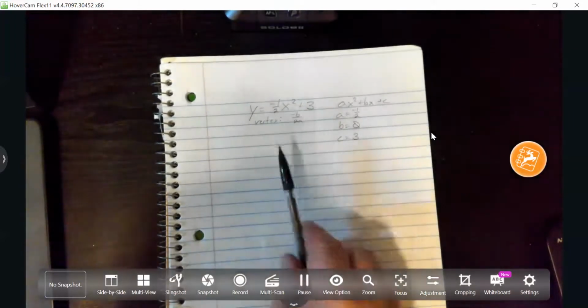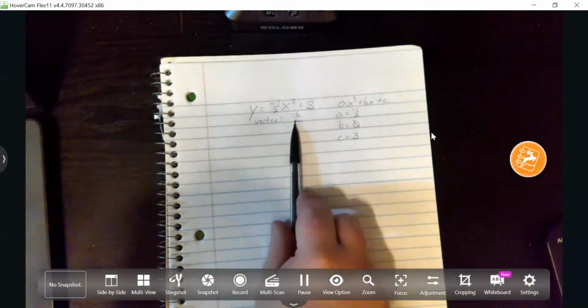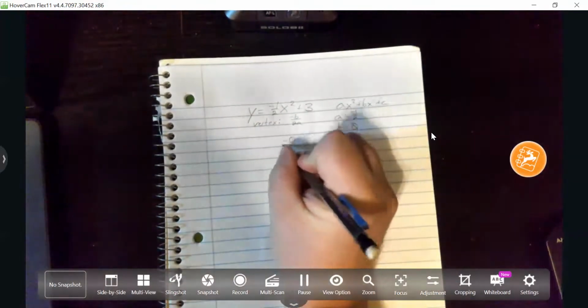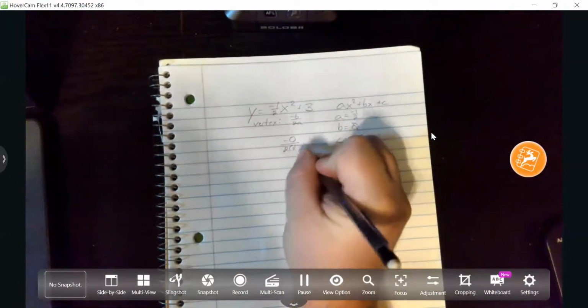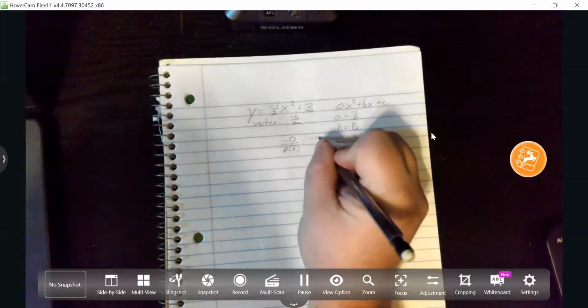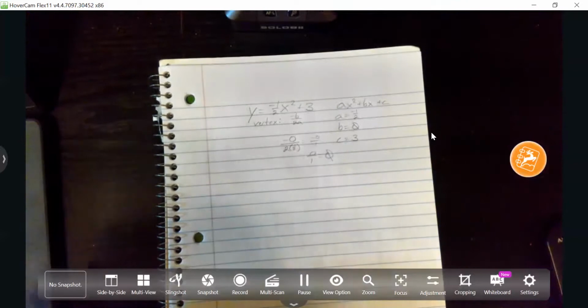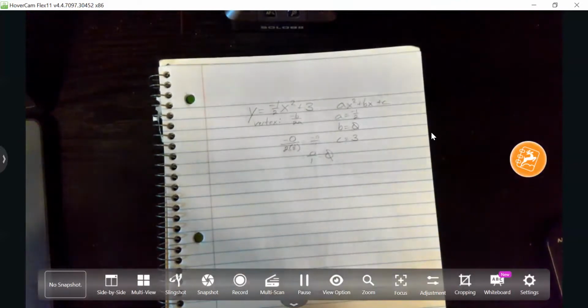So I can actually plug in to find my x value for the vertex. Let's try it out. Negative b would be negative 0 over 2 times a, that's 2 times negative 1/2. That gives me negative 0 over negative 1, which is 0 over 1, which is 0. So the x-coordinate of our vertex is 0.